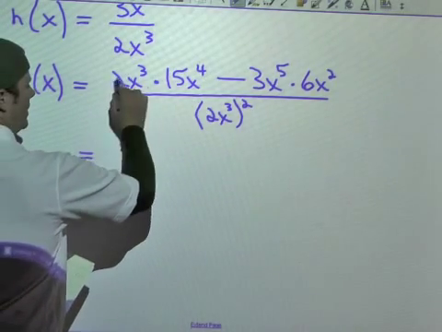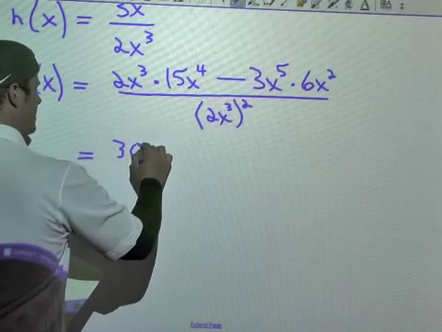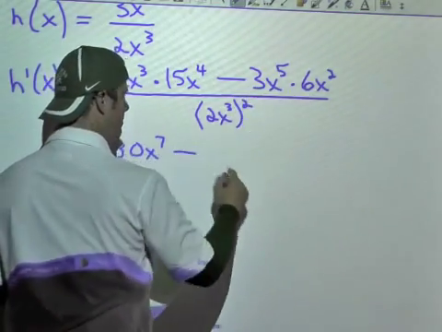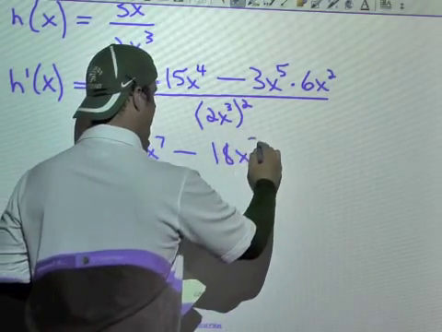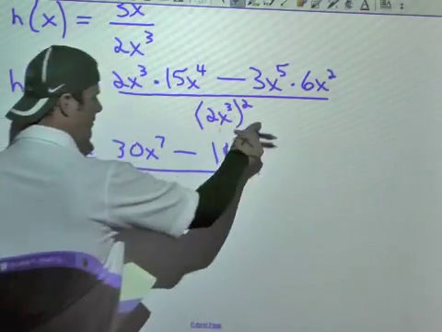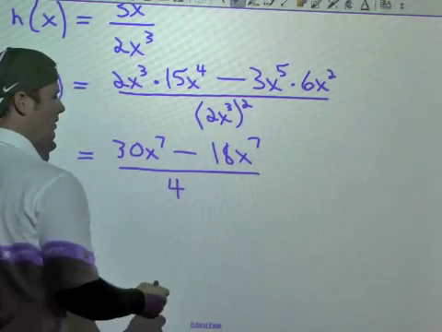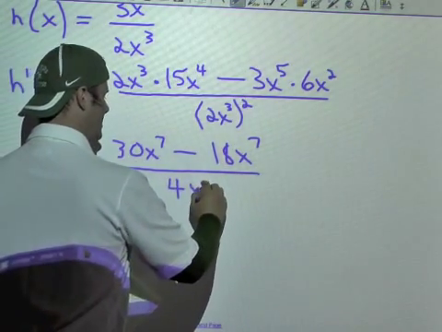All right, so multiply here first. That would be 30x to the seventh. Multiply here, 18x to the seventh. On the bottom, if I square that, I have to square the 2 and square the x cubed, so it's going to be 4x to the sixth.